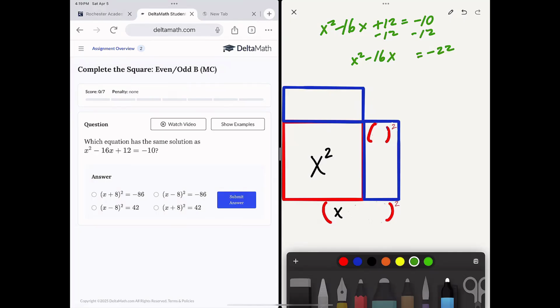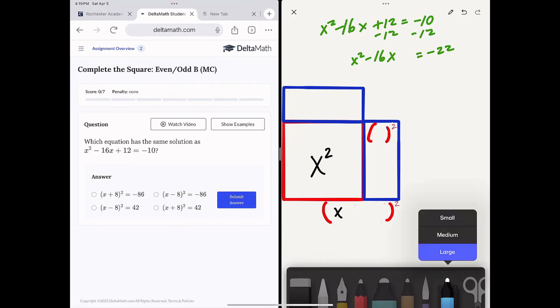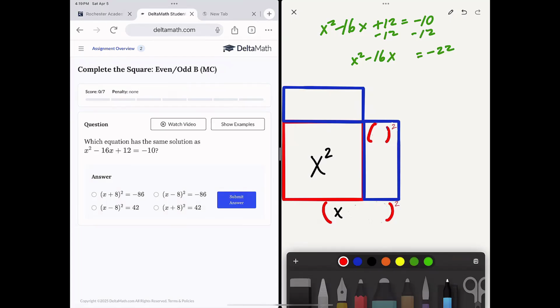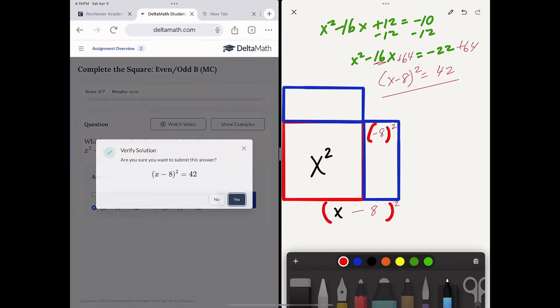So all I'm going to do is take half of this negative 16, the b, and this is going to be a negative 8. So this is going to be minus 8. What I know is that I'm going to add 64 to both sides. So this is going to be x minus 8 squared equals 64 minus 22, which is 42. All right, so I'm looking for the one that matches this, and that's this one here. I submit it, and it says, nice job.